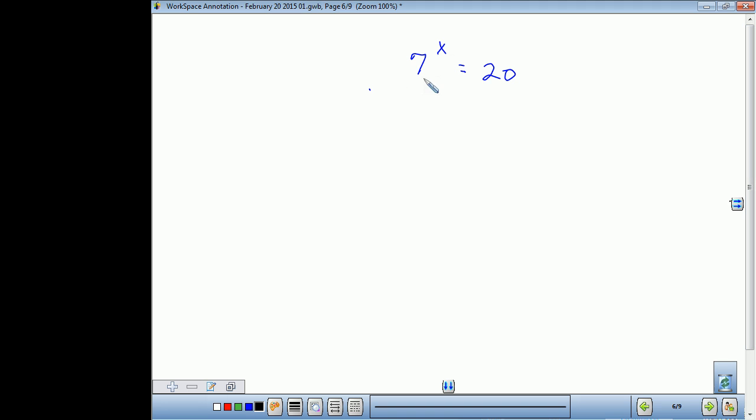Alright, so this problem right here, we don't know what power to raise 7 to get 20. So we either do log of both sides, or we do natural log of both sides. Now, when you get to calculus, they're going to do natural log every time because it's one less letter.